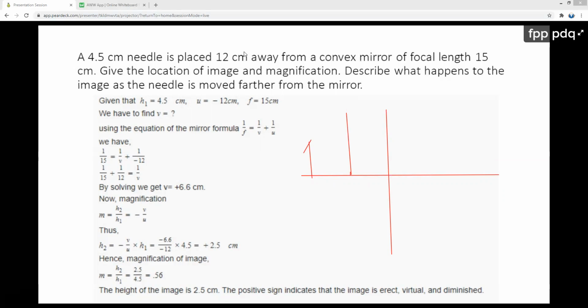Can you guys see? Okay, yeah. So focal length is here. This is 15 centimeter. This is 12 centimeter. And now we know that when the image is between focal length and the pole, the ray passes through this, this, and this.